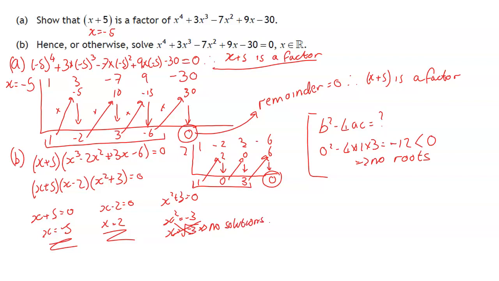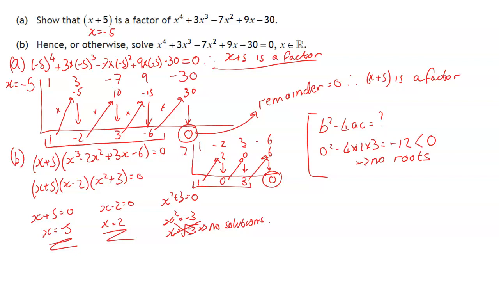The key thing is doing that and showing that there's no solutions. Communicating that you understand that x squared plus 3 equals 0 cannot be solved, and it cannot give us an answer. So we will get nothing from that.